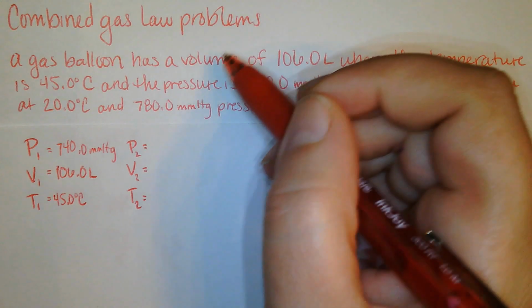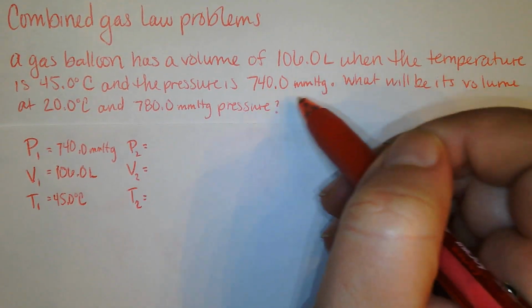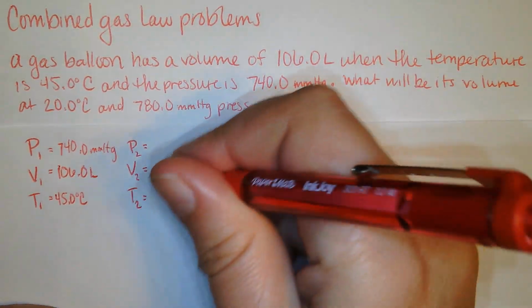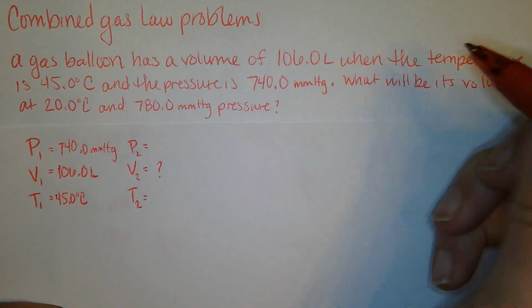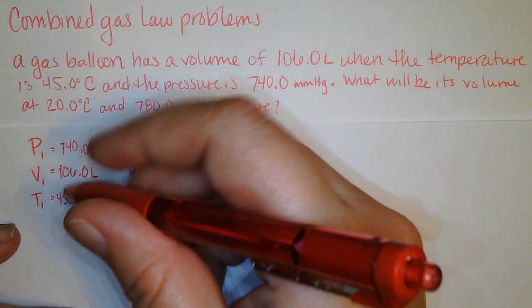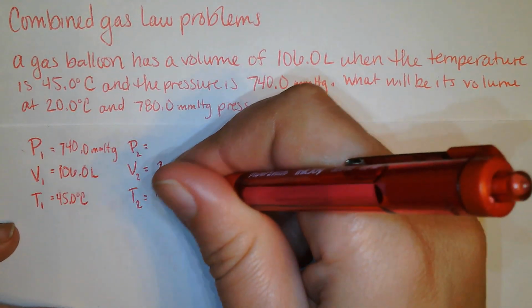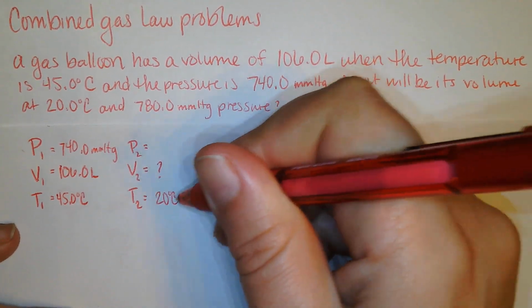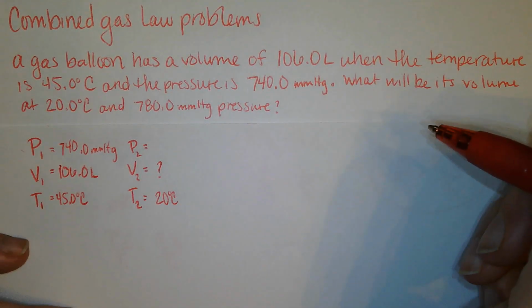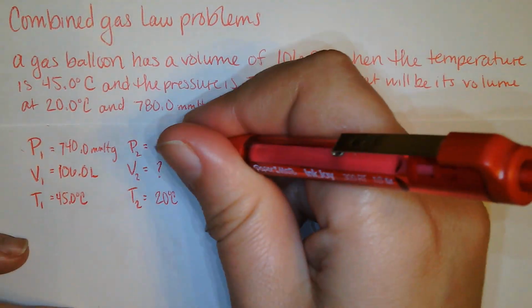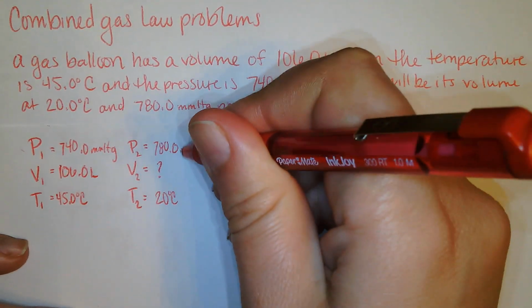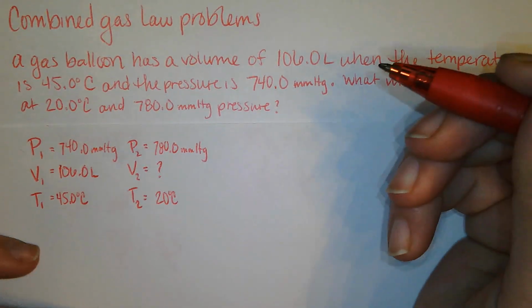Okay. Those are our initial conditions. What will be its volume? At 20 degrees Celsius, so now the temperature is going from 45 to 20, and 780.0 mmHg. All right.